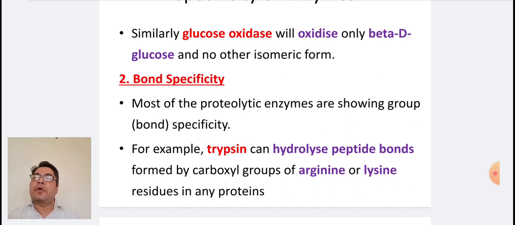Next is bond specificity. Most of the proteolytic enzymes show bond specificity. For example, trypsin can hydrolyze peptide bonds formed by carboxyl groups of arginine or lysine residues in any protein.